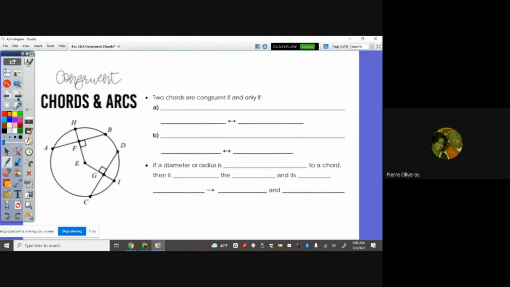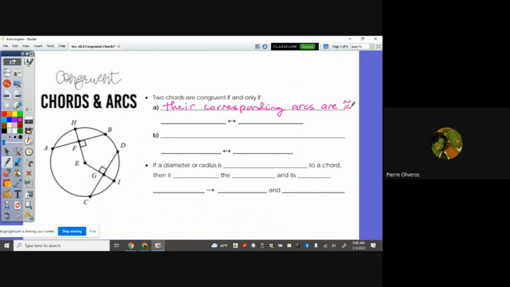So two chords are congruent if and only if their corresponding arcs are congruent.